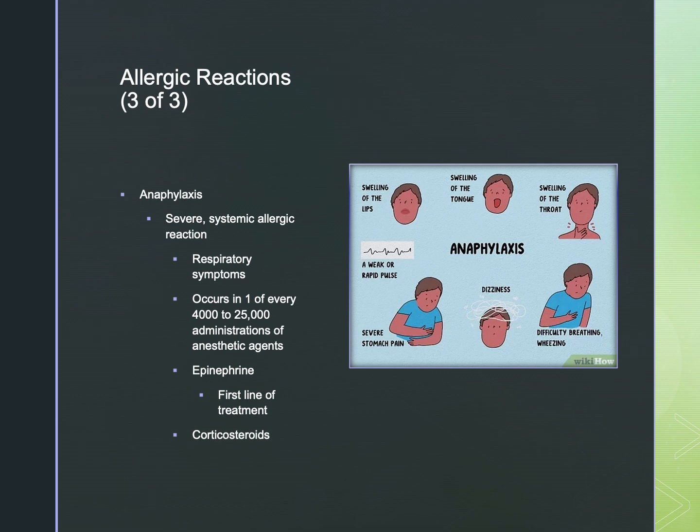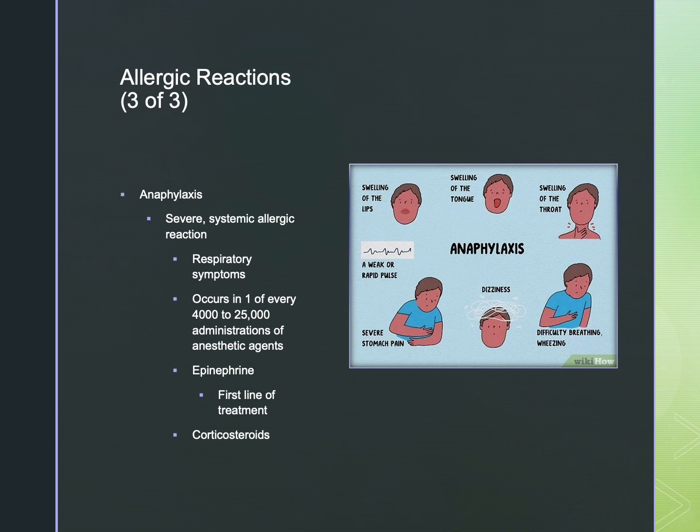Anaphylactic shock is characterized by a complete cardiovascular collapse, which can happen really fast, and it may include cardiac and respiratory arrest. Out of every 4,000 to 25,000 people that receive anesthetic agents, it's estimated that one person will experience anaphylaxis.